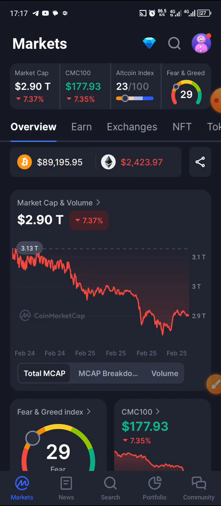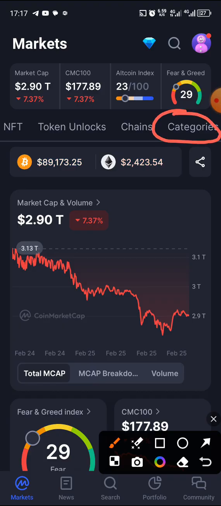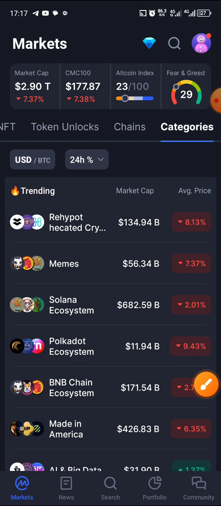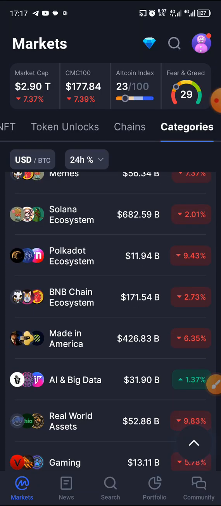When you come on CoinMarketCap, you come here on categories. You can clearly see what category is performing better than the other. Okay? So like I told you, in today's time, people everywhere are talking about AI generation, AI.